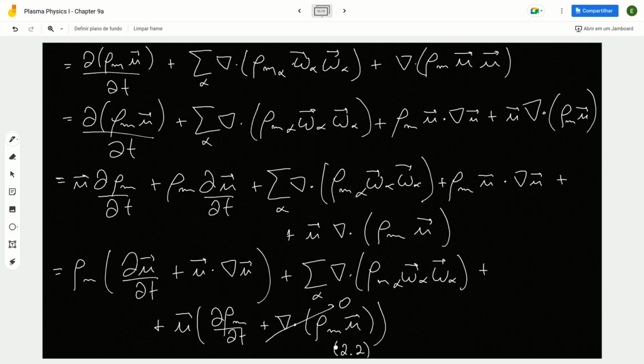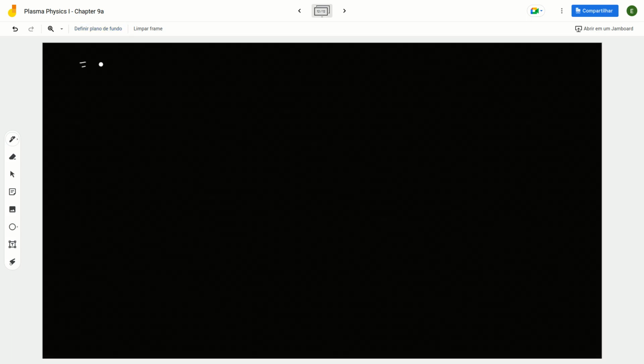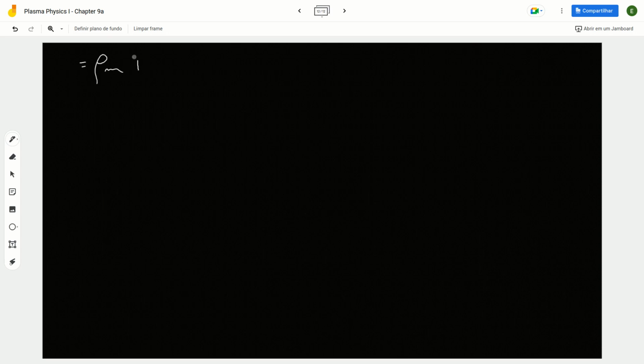Okay, this is it. We can keep the other terms and write the equation like this. Rho m. I'll just use the notation of that capital D for the first two terms, and this. Divergence of this.